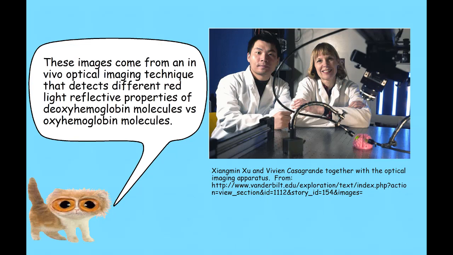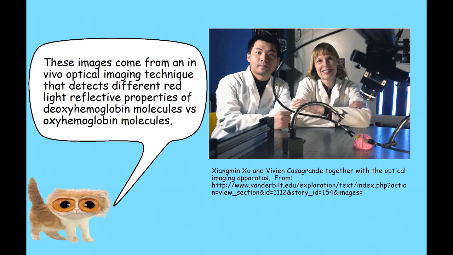Now, a lot of these images of the visual cortex of animals were taken using this optical imaging apparatus, right? So these are two researchers, Zhu and Casagrande, and they're standing in front of this apparatus that's used to do this optical imaging technique.